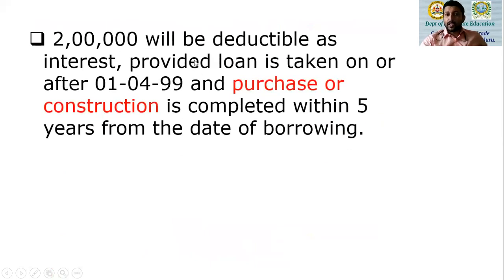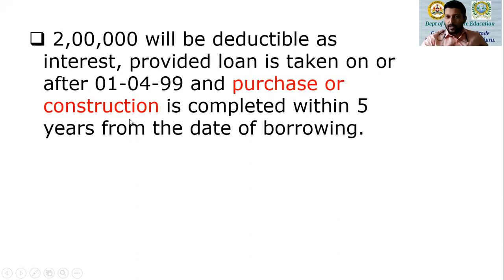Now, 2 lakh will be deductible as interest provided the loan is taken on or after 1st of April 1999. That is a very old piece of information, and you can say it is redundant. It is of less importance to the present time. And purchase or construction: if it is purchase, there is absolutely no problem.